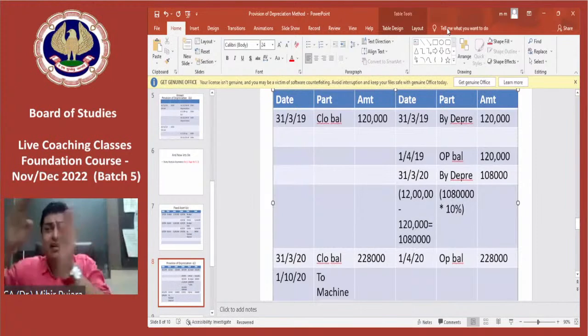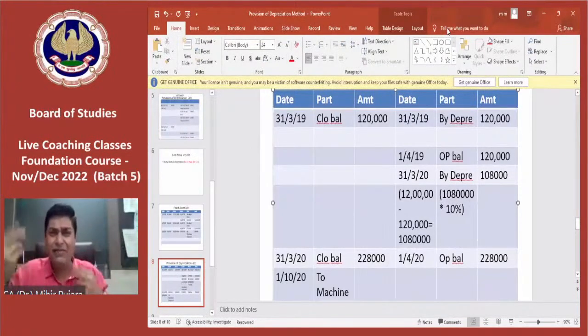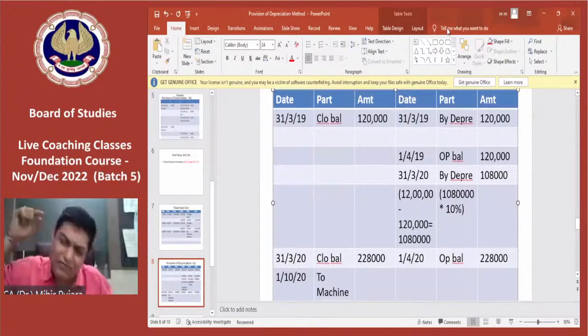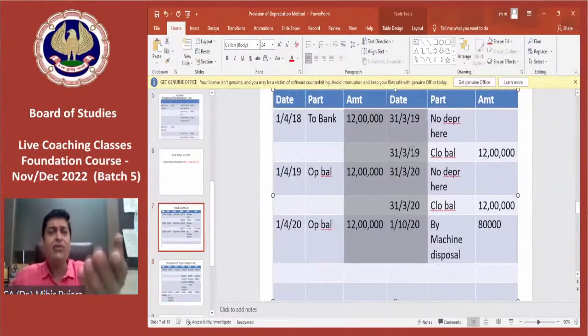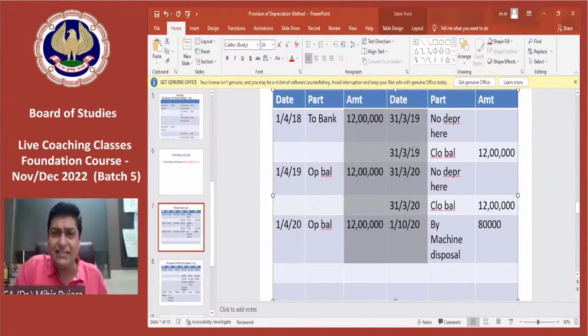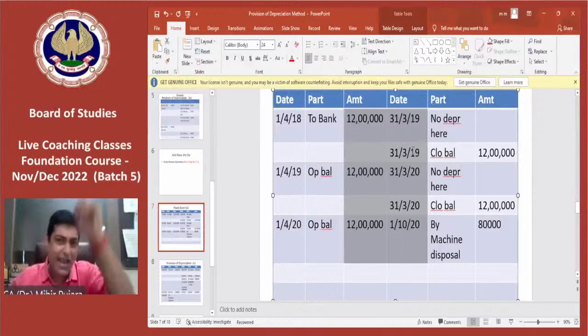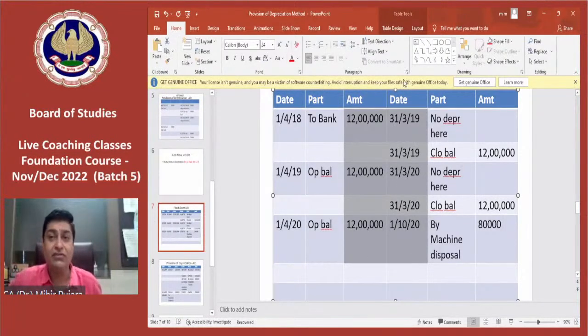Both the accounts will be on the reverse side because we are selling now. But sir, the fixed asset account is maintained at original cost. And therefore, when I sell the asset, I have to reverse the original cost of the asset which is sold.